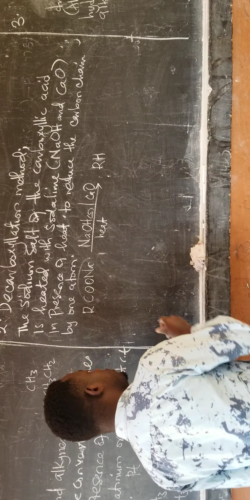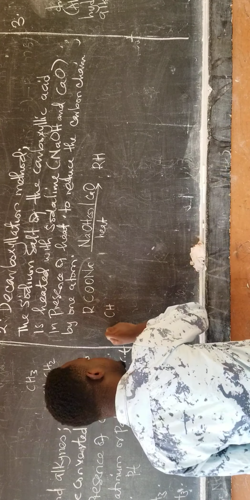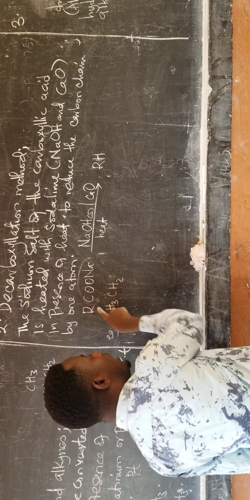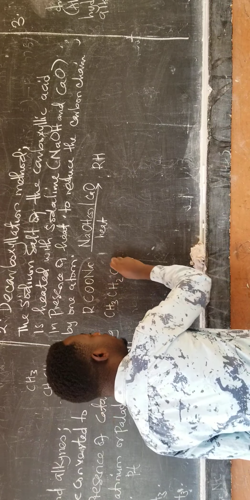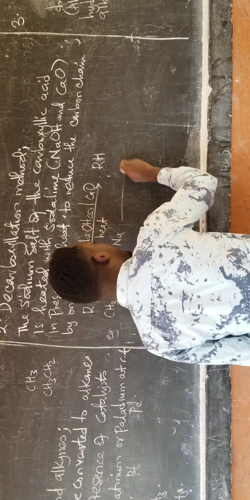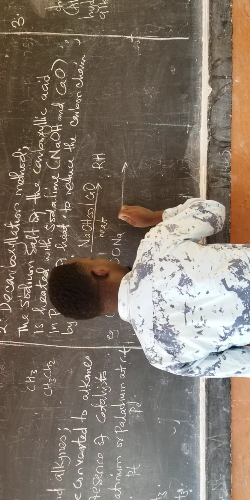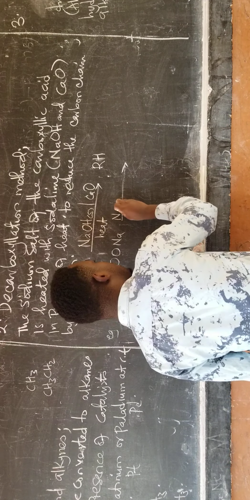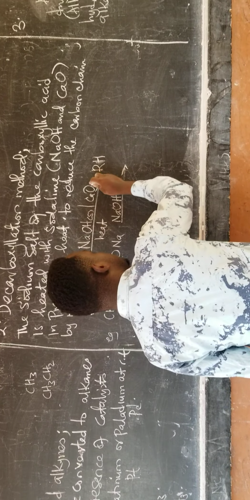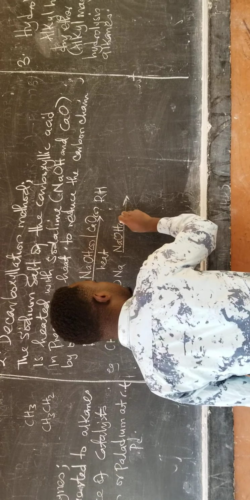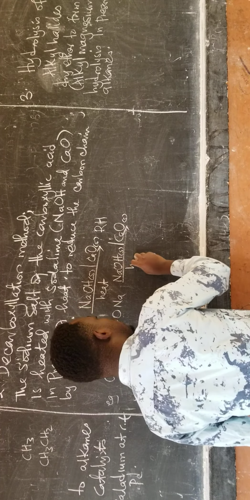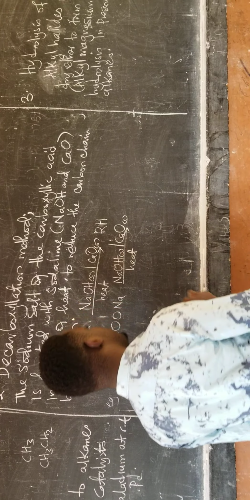For example, you might have CH3CH2, that is our R, then COONa. In that case, I am going to add my soda lime, which is sodium hydroxide, a solid, and calcium oxide, also solid, in the presence of heat.